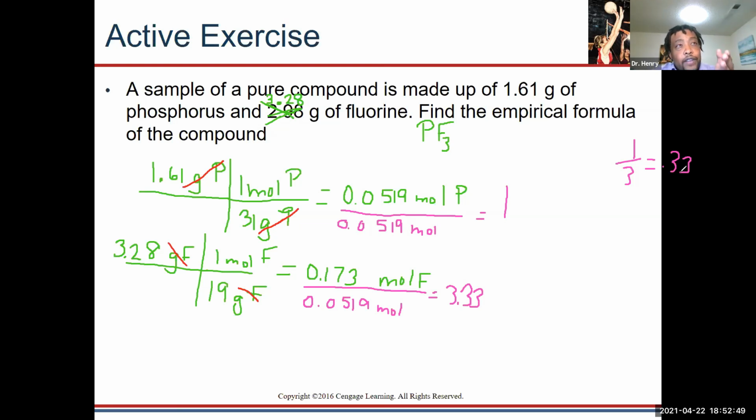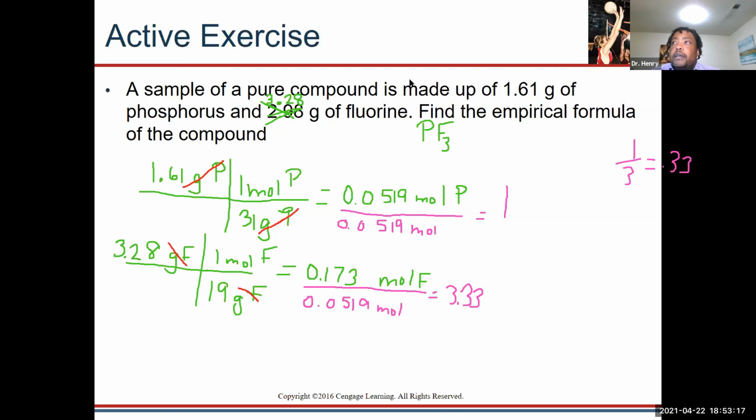If it's not really close to a whole number, and you have a number like 0.33, that means we need to figure out what to multiply it by so it will be a whole number. So what would I multiply 1/3 by to make it a whole number? 3. I would multiply this by 3 and I'd multiply that by 3. And then that would change our chemical formula.